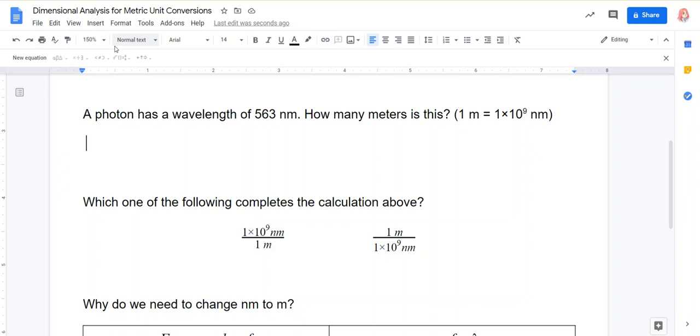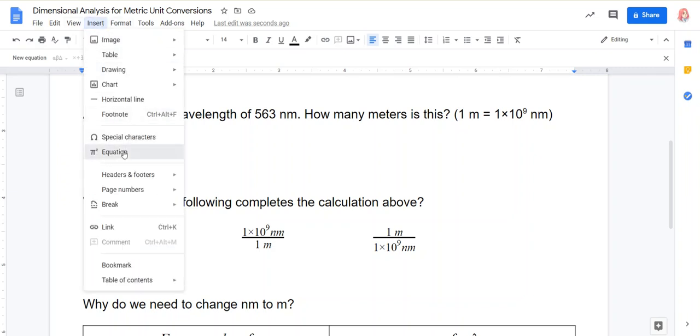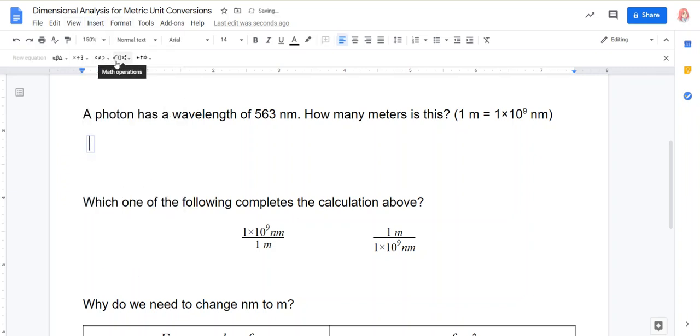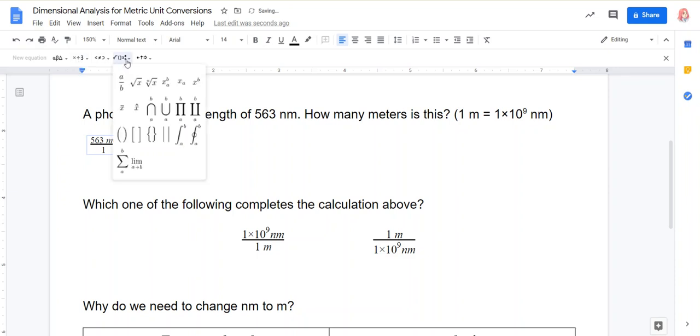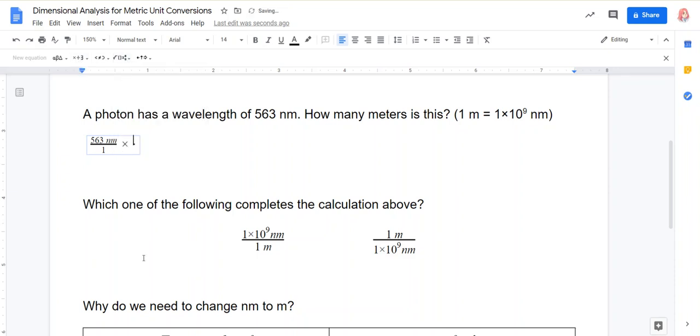So I'm going to go to Insert and Equation, and I'm going to go ahead and put a fraction in. And I'm going to start by putting my given, which is 563 nanometers, on top here, and then I'm going to put a 1 on the bottom. Again, that's just a placeholder. Come over and put in a multiplication sign, and let's do another fraction.